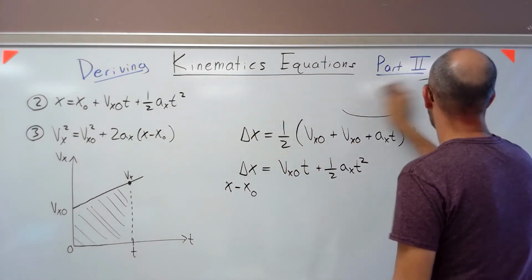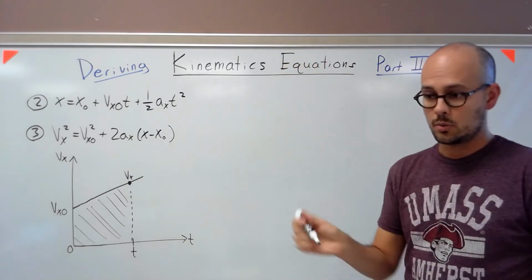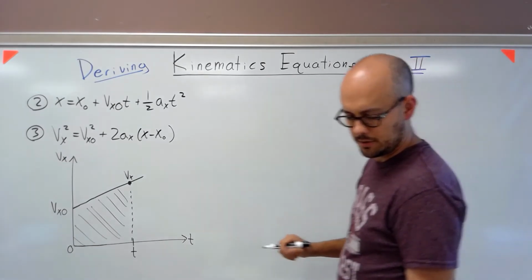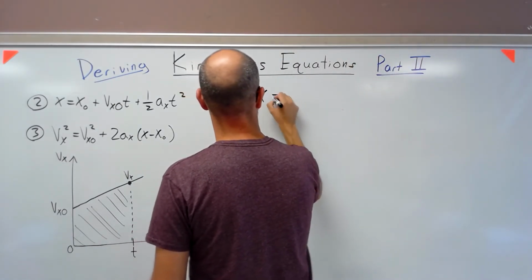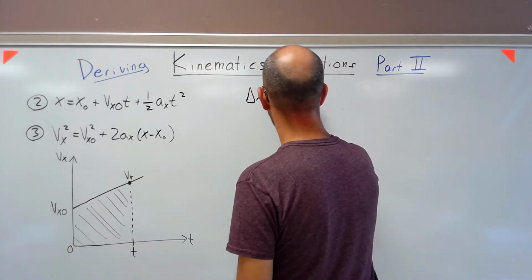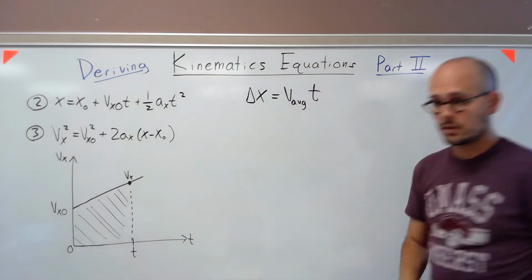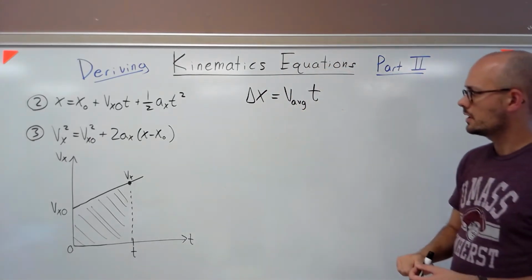So that's great. And then the next equation is more pure algebra. So we take two different equations and use them together. We're going to start with an idea we talked about earlier in the previous video, that the displacement of an object is equal to the average velocity times time.